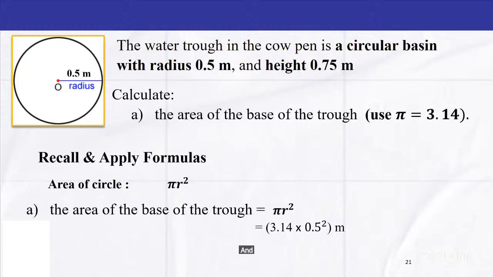And can somebody work that out and tell me what's the final answer? Use your calculator. 3.14 times 0.5 squared.